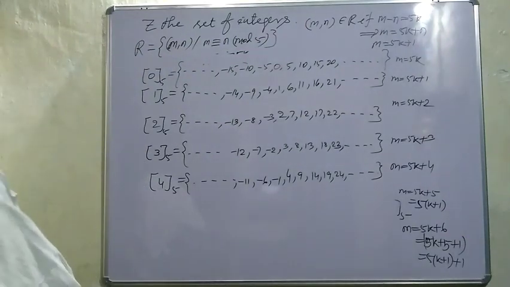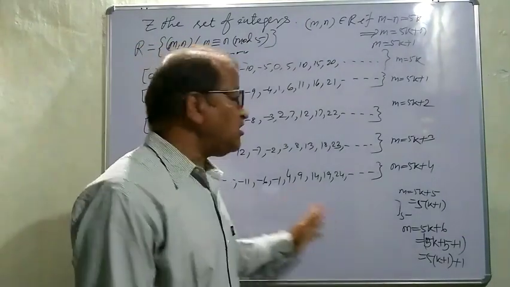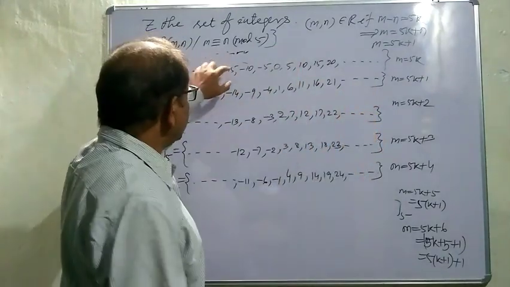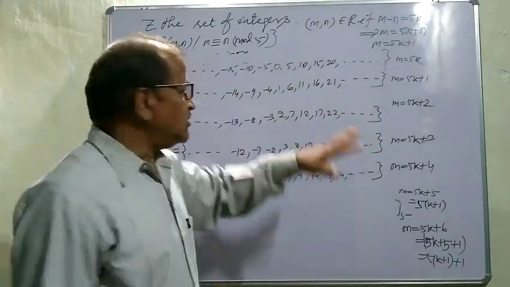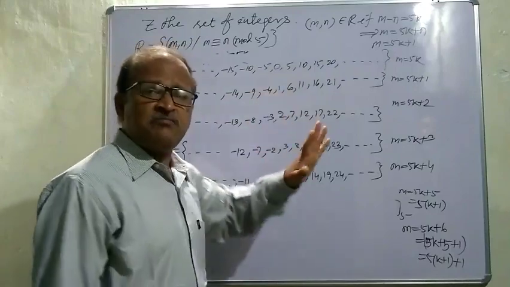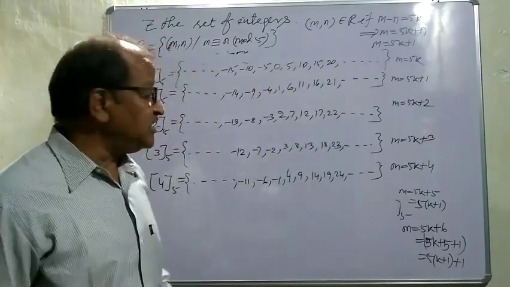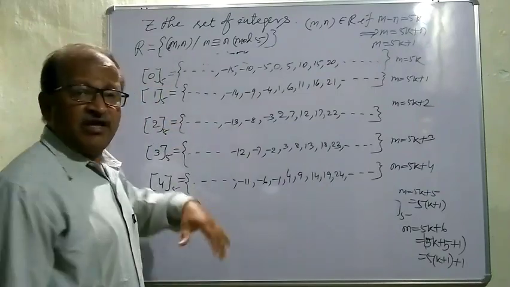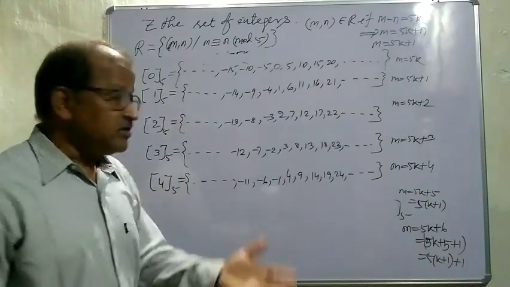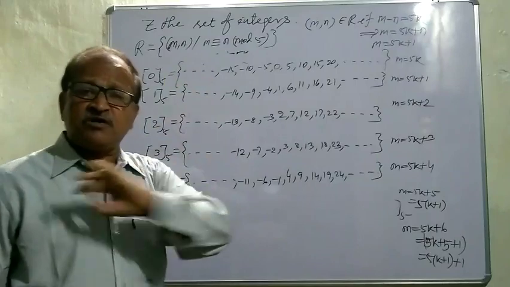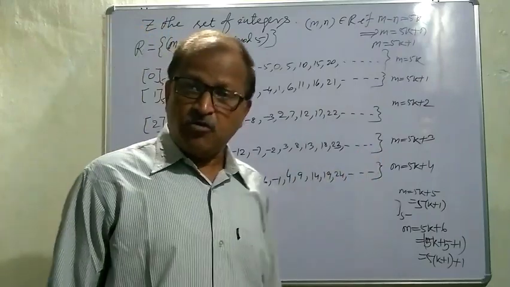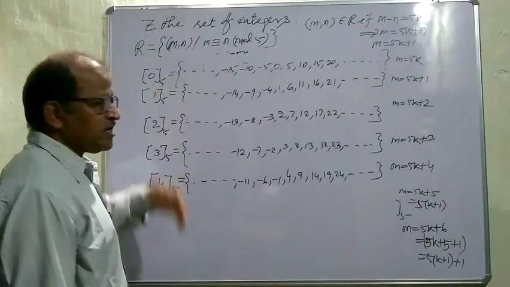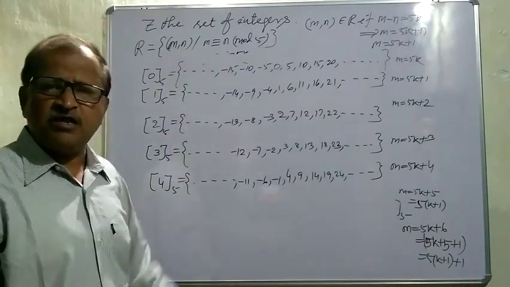These 5 equivalence classes are the distinct equivalence classes. You see, they are non-empty. None of them is empty. Second thing, no two have any common element. Any two you may take, there is no common element.